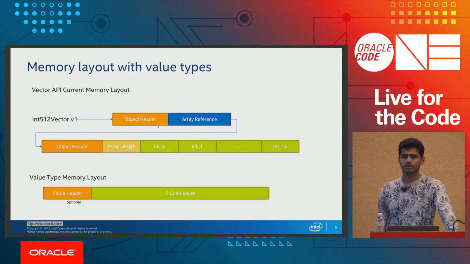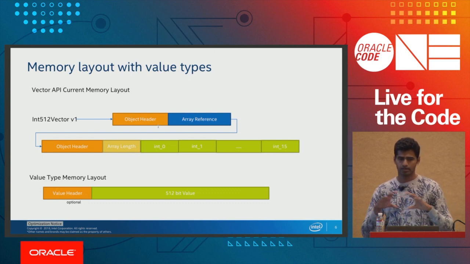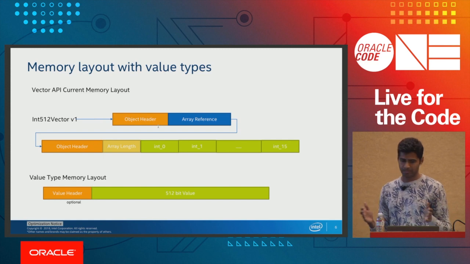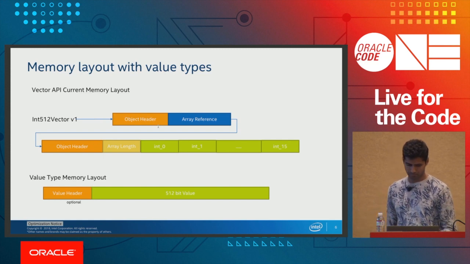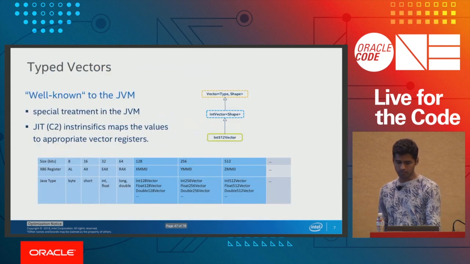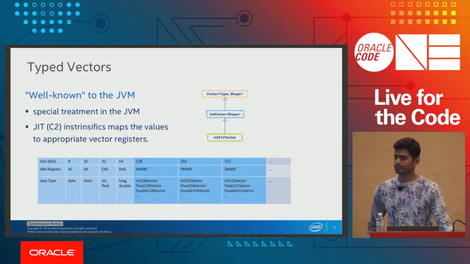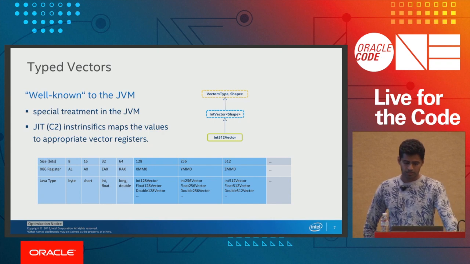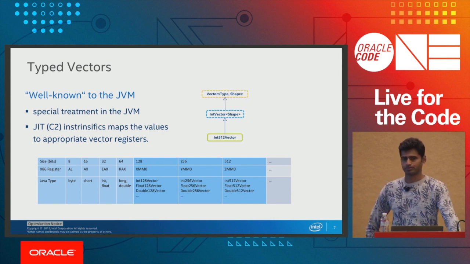With value types, you could have a flattened layout of your vector where all the 512 bits can be laid out contiguously in memory. We have experimented with value types, and it looks very promising. But the problem is it's a little far out, and we don't have value types in the main OpenJDK trunk. So right now we have a different approach.